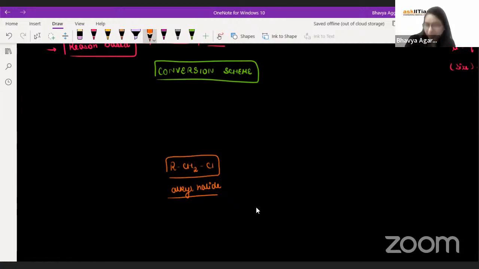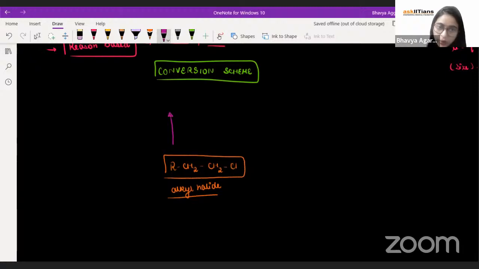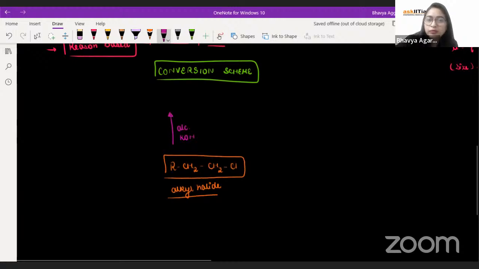One type of substance into another category, another classification of organic species. I'll take this part for better understanding. Now, if I treat it with alcoholic KOH, what will I get? An alkene.